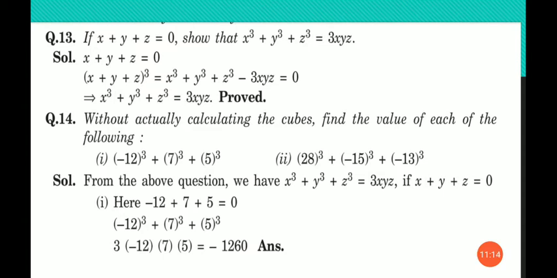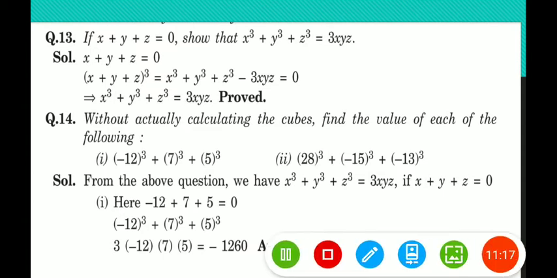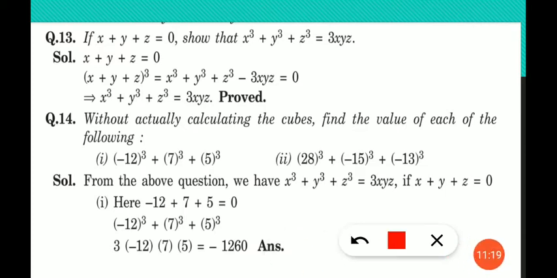Now question number 14. Without calculating the cubes, find out the cube of each of the following. We don't have to calculate 12 cube, 7 cube and 5 cube and then add them. Okay, we don't have to do that. So what we can do, we know that minus 12 plus 7 plus 5 is equal to 0. As here we know x plus y plus z is equal to 0, then what result do we get?